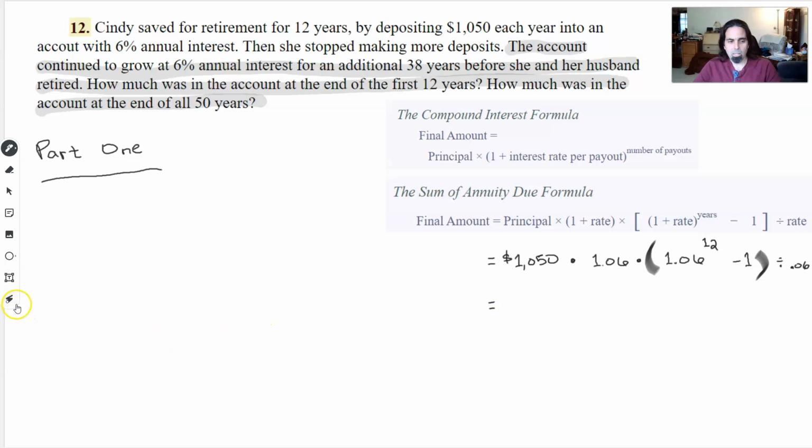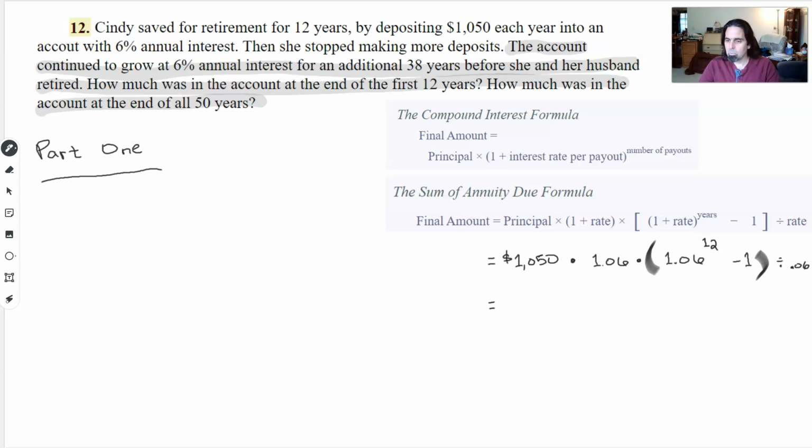Okay, some calculators, you have to hit a key right here to kind of go down from exponent land. Other calculators, you can just put the minus 1, and it knows you're done with the exponent. Remember to put the parentheses in your calculator. You will get the wrong answer if you leave out these parentheses. Okay, type it all in. 1,050 times 1.06 times, open parentheses, 1.06 exponent 12.